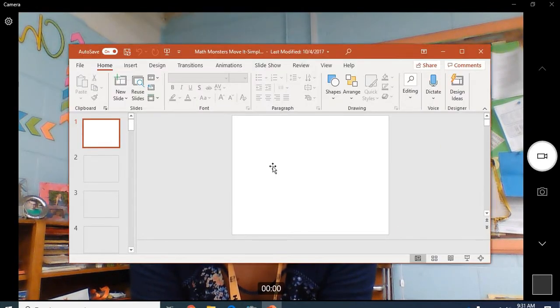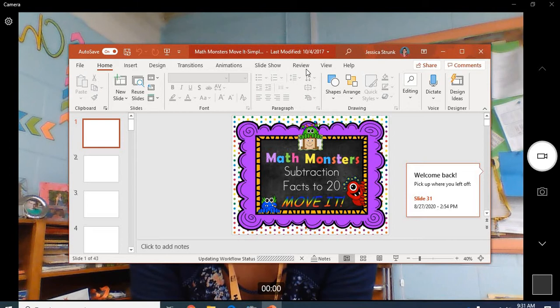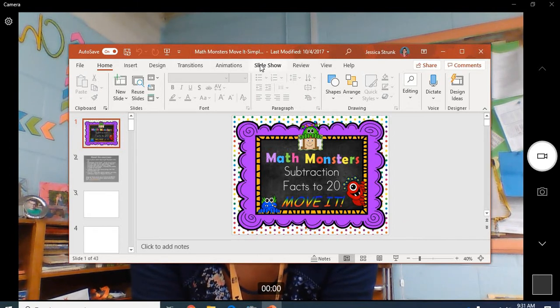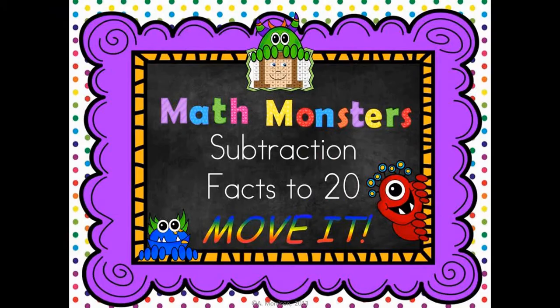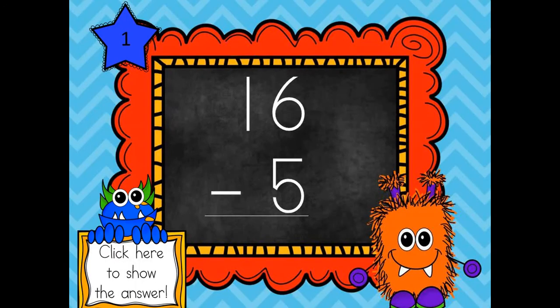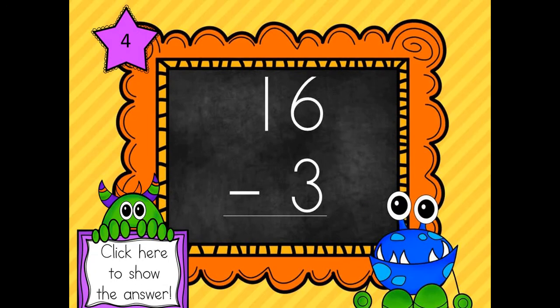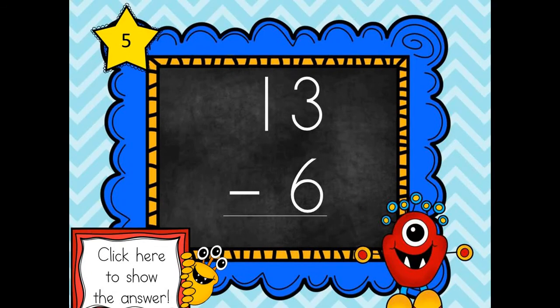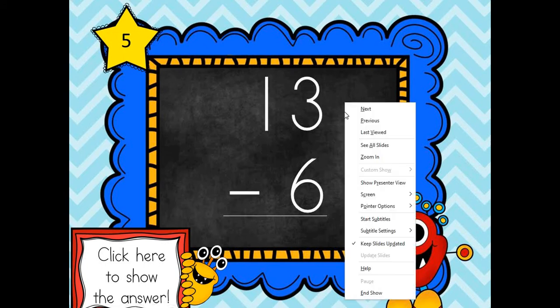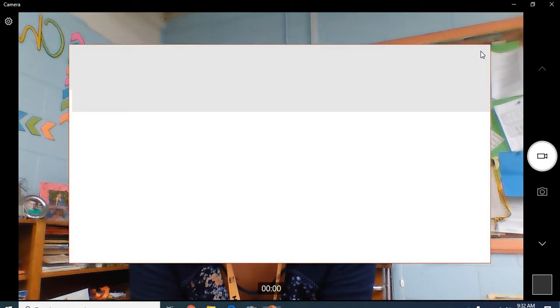You can still kind of see me in it, but it's the same thing. You're going to go to slideshow from the beginning and it will start the slideshow. But this time it's subtraction problems, it's takeaway, but you're going to do it the same way. You're going to subtract, and I think it gives you the same exercises again, but just with subtraction. And then we can end the show because we're done.